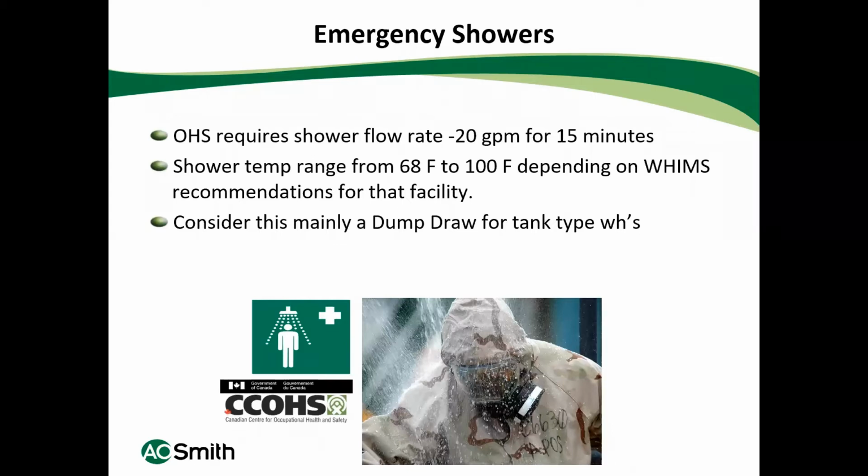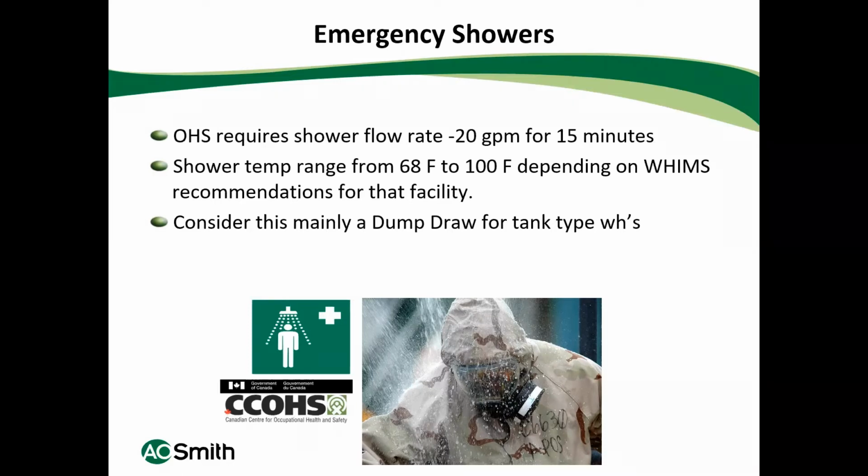Now, on the emergency shower side of things, according to the occupational health and safety requirements, which are available online, the requirement is 20 gallons per minute for 15 minutes. And they tell you that the shower temperature should be anywhere from 68 degrees Fahrenheit to 100 degrees Fahrenheit, depending on WMIS recommendations for that facility.